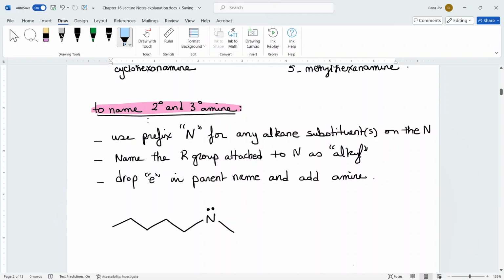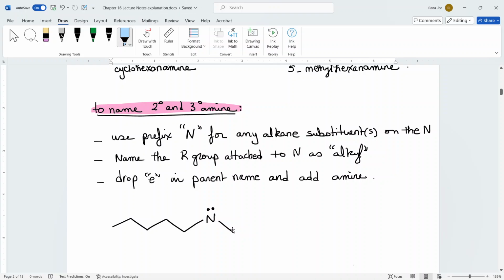But for the secondary and the tertiary amines, you do have 2 R groups connected to the nitrogen. So we have to differentiate between those 2 R groups, and we're going to use the prefix N for any alkane substituent. The substituent is the one with the shorter carbon chain.